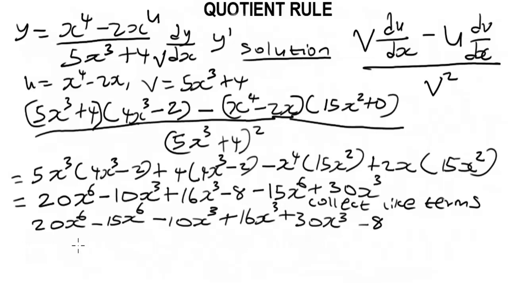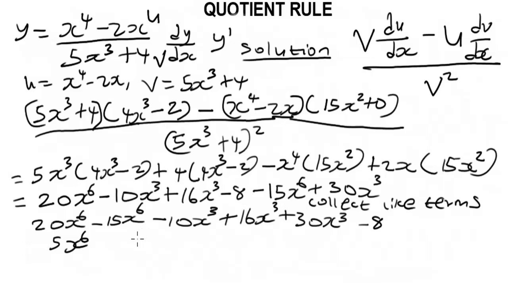Let's simplify more. 20x raised to the power 6 minus 15x raised to the power 6 gives 5x raised to the power 6. Then we have minus 10x cubed plus 16x cubed plus 30x cubed.